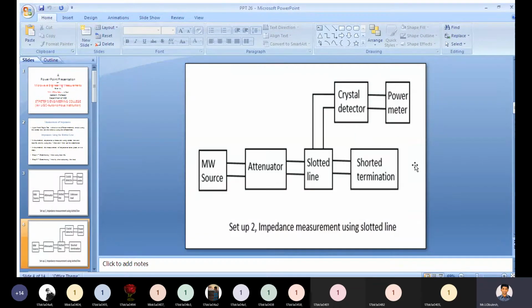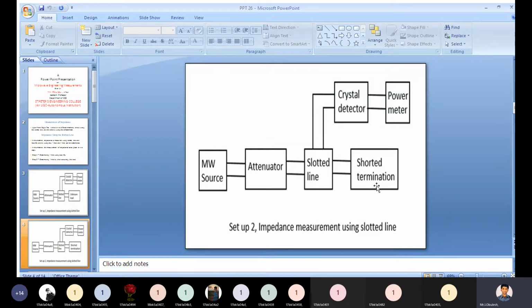Next, step 2. What is step 2? Determining V minimum value by short circuiting the load. Here you need to write shorted termination, or represent it like a short circuit. Everything is the same.